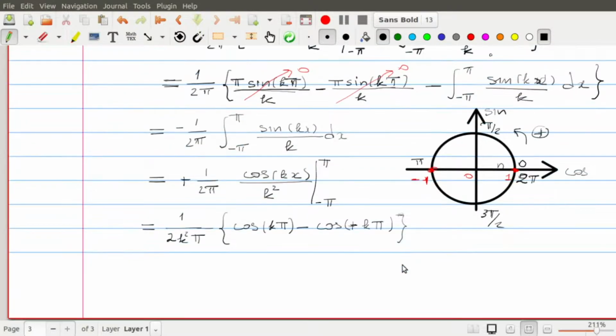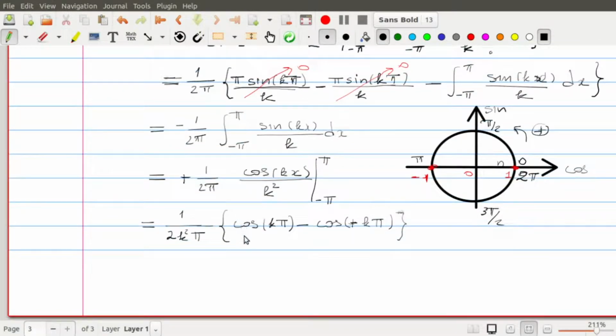But I want to use this opportunity to give the general formula for cosine k pi, because it will appear a lot of times in the computation of the coefficients of Fourier series. Similarly to what I mentioned for the sine, if I want to read cosine of k pi, we know already that k pi will oscillate between these two positions. Because this is already on the x-axis, that is where we read the value of cosine, so we don't need to project.